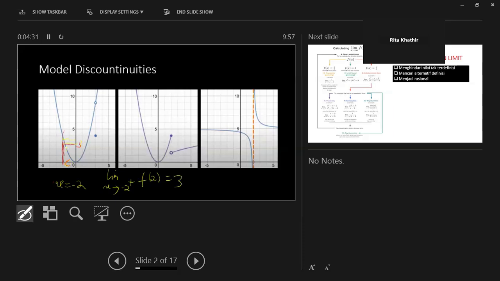So you get it here from the right hand side.